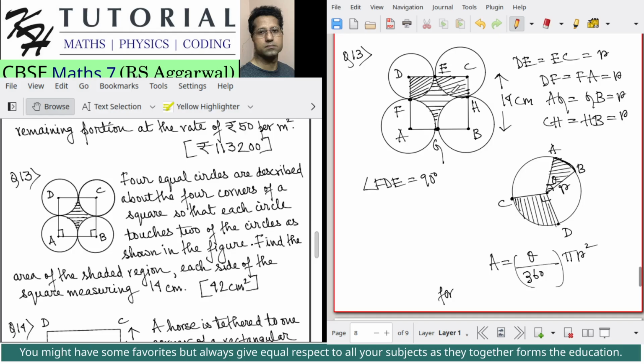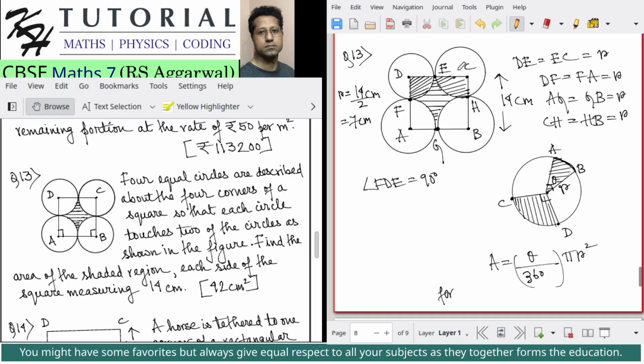All the circles are of the same size, since their radius is the same, which is r. Now what is r? r is nothing but half the side length of the square, that is 14 by 2 centimeter, which is 7 centimeter. Since the side length of the square is given to be 14 centimeter, half of it is 7 centimeter.